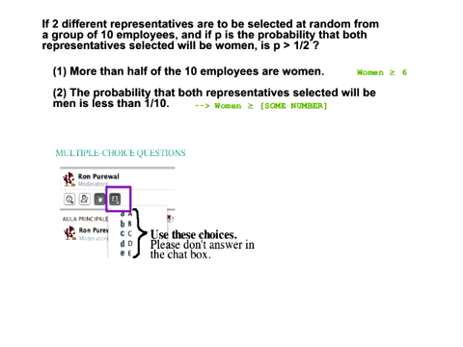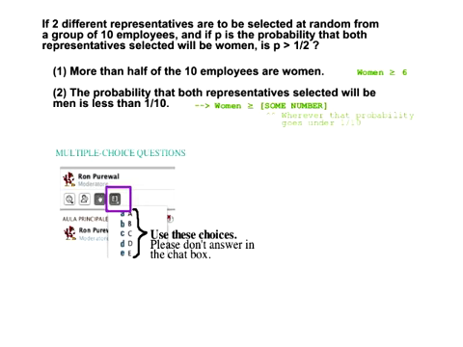Wherever you have enough women to make that probability less than 1/10. Because the more women you have out of 10, the smaller that probability goes. So we don't know where that value is, which is why this problem is a problem, right?